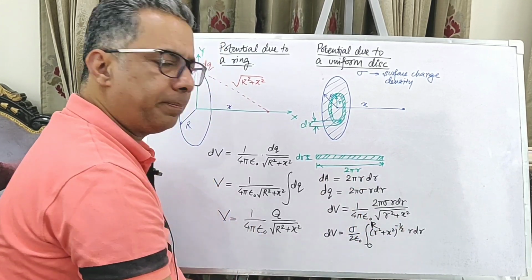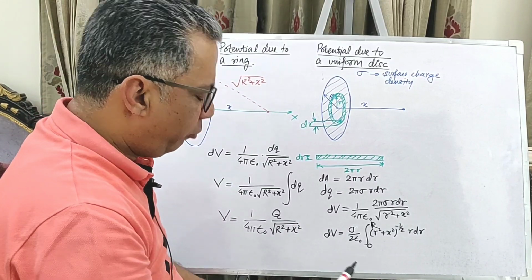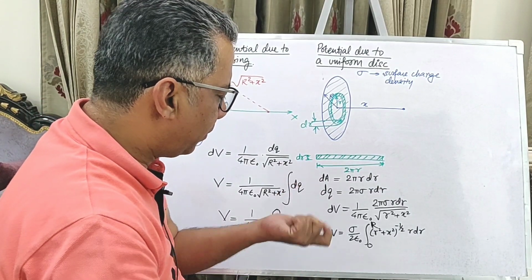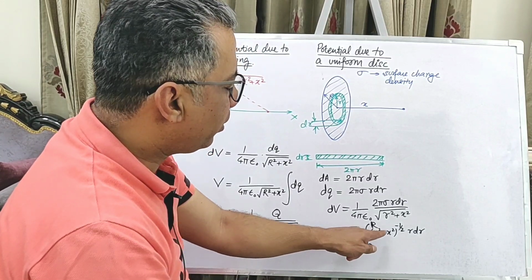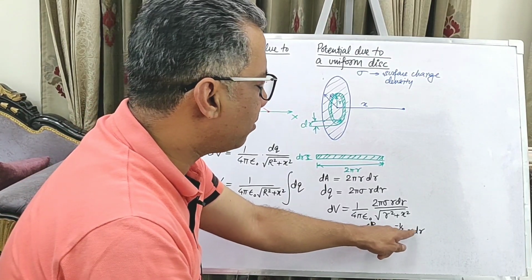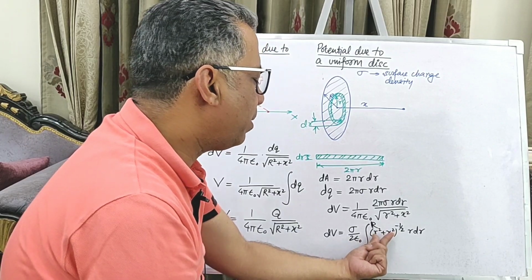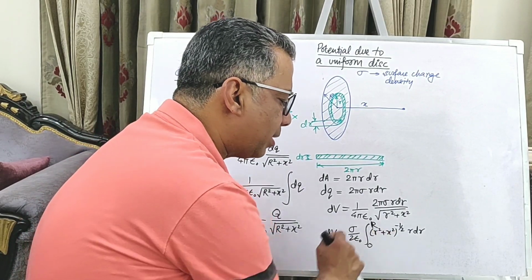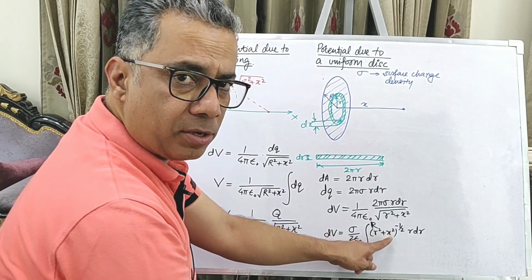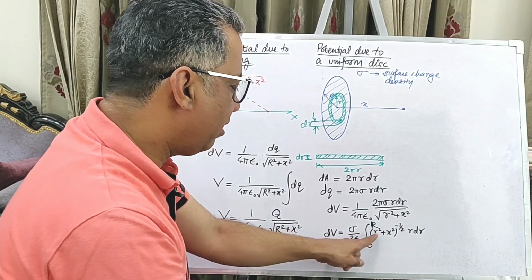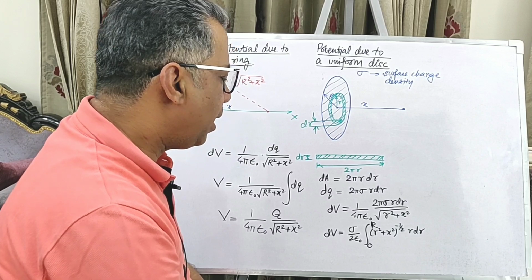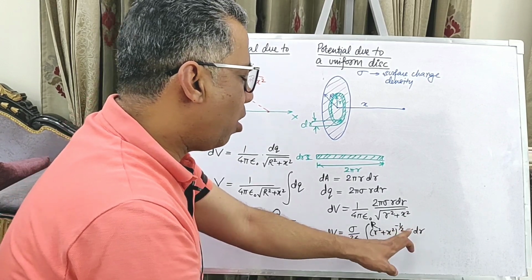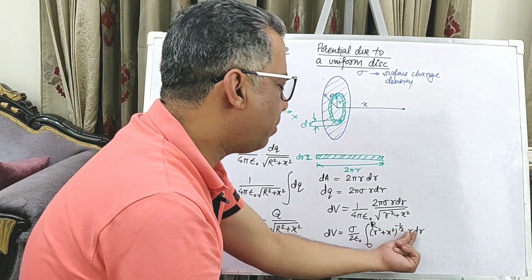the variable of integration being small r. Now if you recall the simple integral that you have in front of you, r square plus x square to the power minus half into r dr. Now just look at r square plus x square. x square is a constant, its derivative would be 0. The derivative of r square would be 2r. Now here we do not have 2r, but we have r.